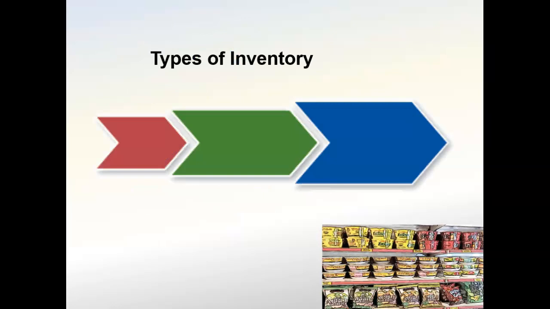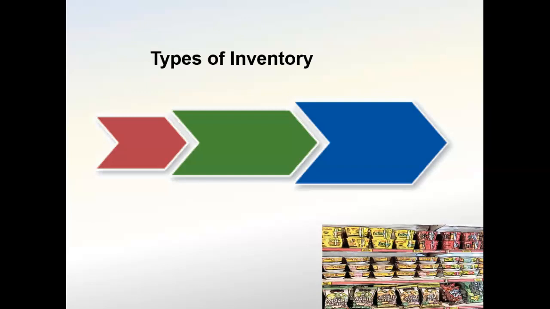Inventory can be divided into types, primarily by observing where it waits within the operation and why it's being kept there. The issue of where is not literally its exact location, although knowing the exact location of a particular SKU is important to good inventory management.